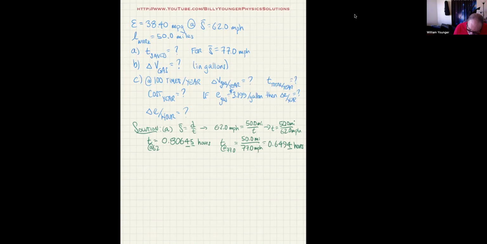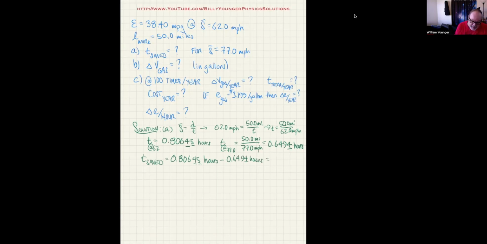So I'm going to now say time saved for part A is equal to 0.80645 hours minus 0.6494 hours. Notice I've got different number of sig figs on there, so that's kind of odd.